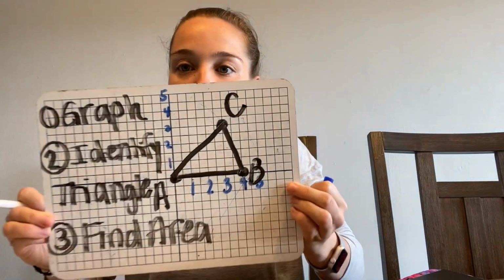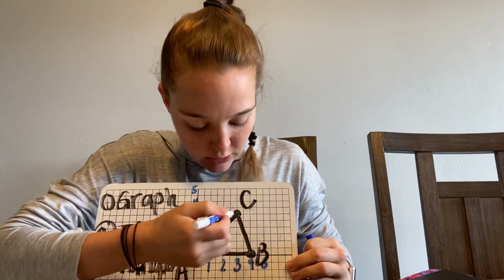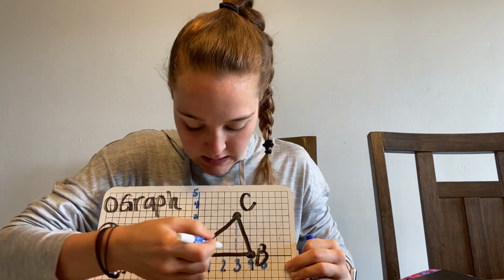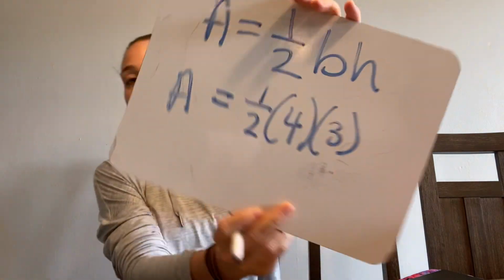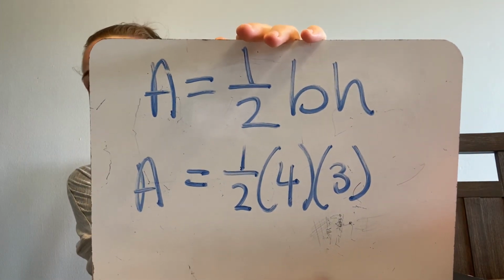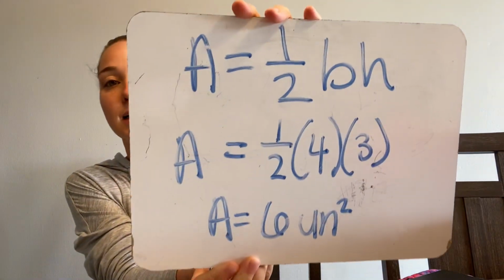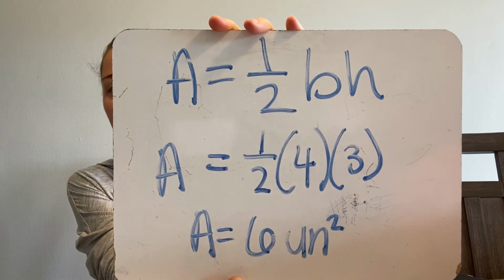So we have 1/2, our base is 4, and our height is, well, we can't go at the diagonal, so we're gonna have to go from the top and see, and that is 3 units tall. So what's 4 times 3? 12. And what's half of 12? 6. Our area is going to be 6 units squared. We use units because we don't know exactly what it is. They're the little units of the coordinate grid.